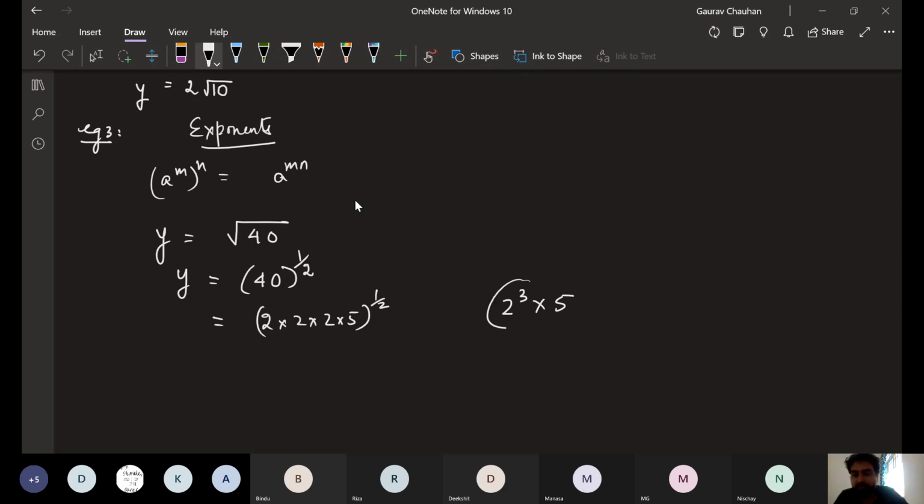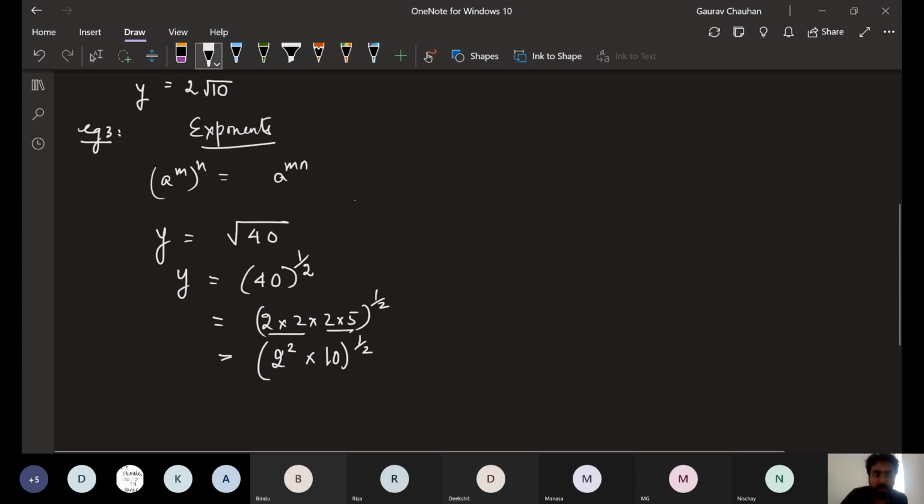But this power 3, I'm going to write it like this: 2 to the power 2 into 2 into 5. Everyone okay with this? I'm just clubbing this together. 2 to the power 2 into, this is 10. Just going to write that together.